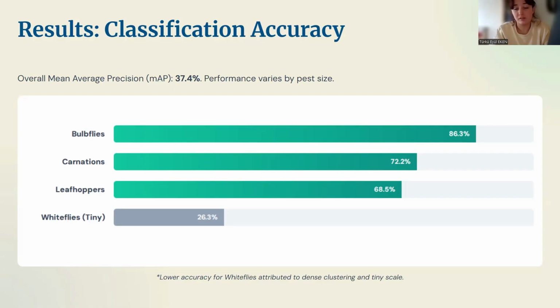The lower score for tiny pests comes from the small object problem. Whiteflies often appear as dense tiny clusters rather than distinct big insects, which makes them very difficult for standard models to count individually.